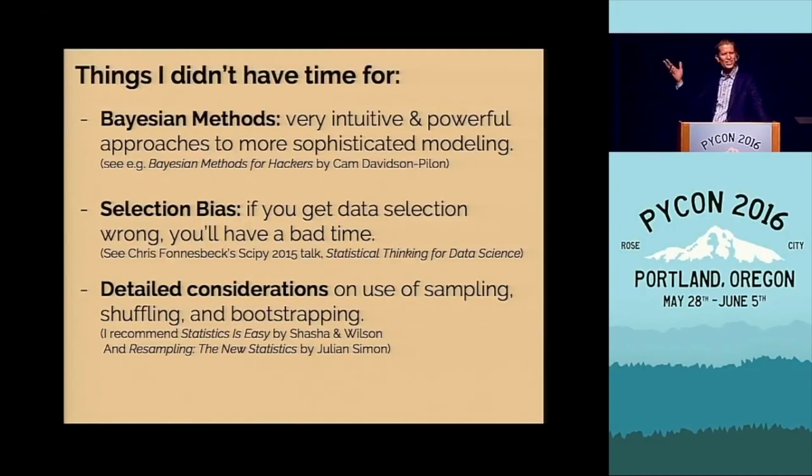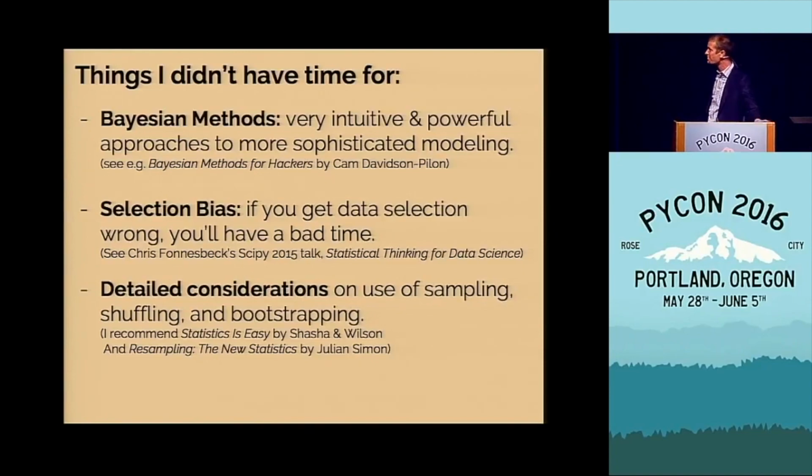There's also this idea of selection bias, of worrying about how your data is gathered and whether you're really looking at the data set you think you're looking at. There's a phenomenal talk from last summer by Chris Fonesbeck, who's a professor out in Nashville, called Statistical Thinking for Data Science. You can find the video of that talk online, and I'd highly recommend it.